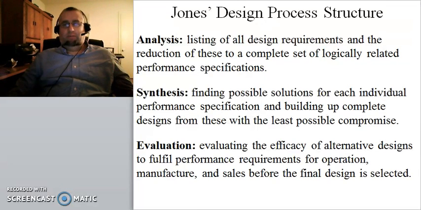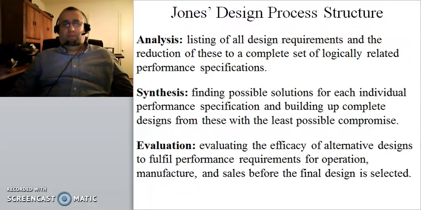A lot of times customer needs are qualitative, so you would try to figure out a way to make them quantitative so that you can measure how effective your solutions are in a quantitative way against the design requirements. And you're also in the analysis step looking for design constraints, so things that would prevent the design from going in a certain direction because of some realistic constraint.